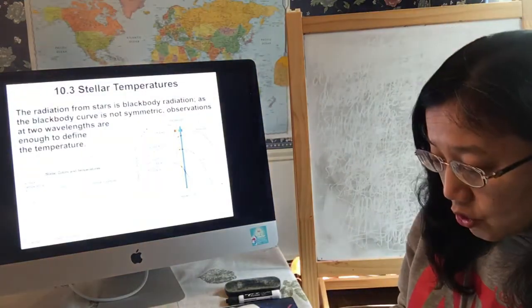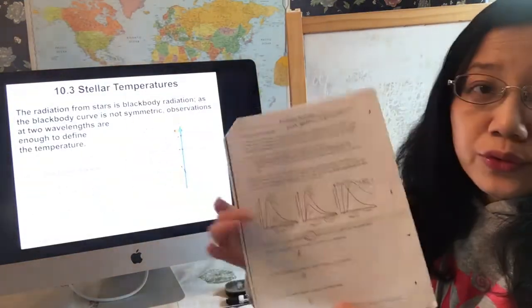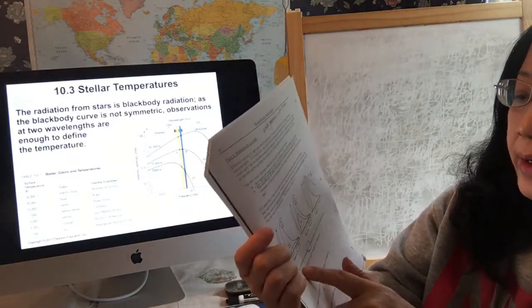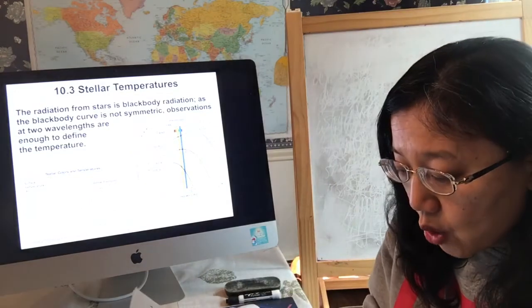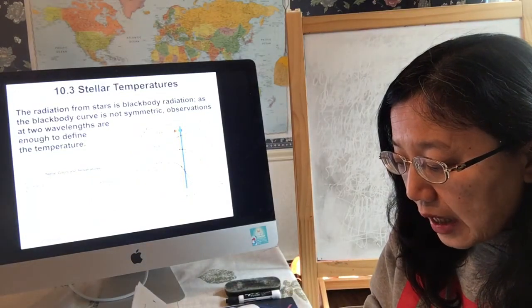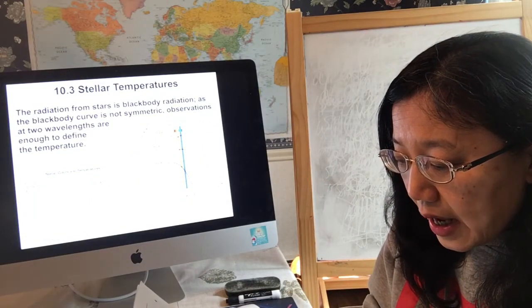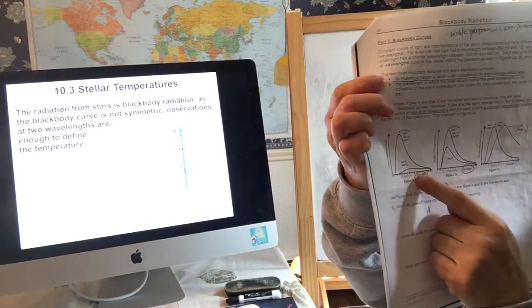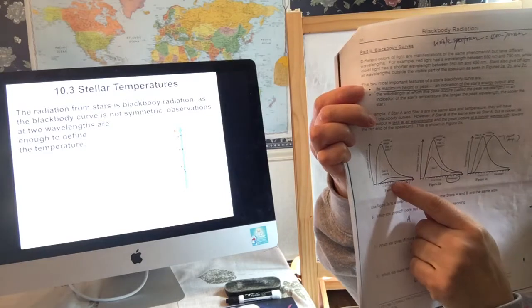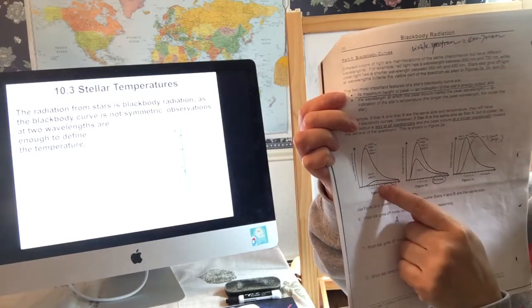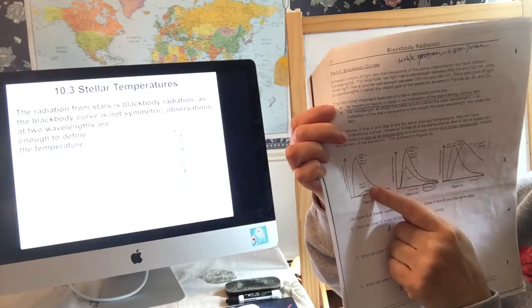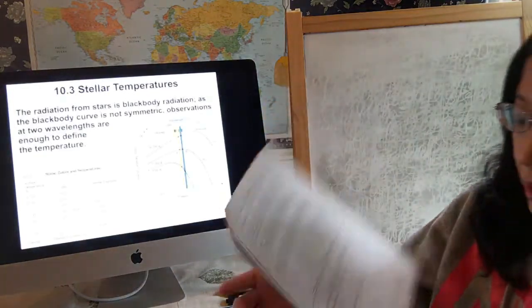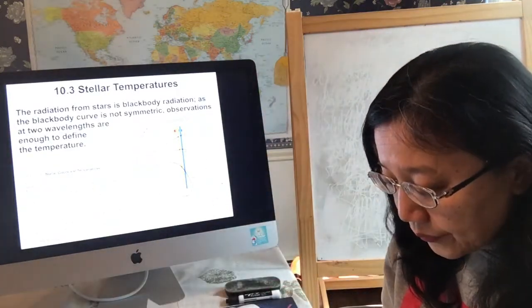So I'm going to go through these problems one by one. If you look at figure 2a, the first question is, which star gives off more red light? The answer is star A, because if you look at where the red is located along the x-axis, and then you look at the energy output, A is higher than B, so that tells you A gives off more red light.